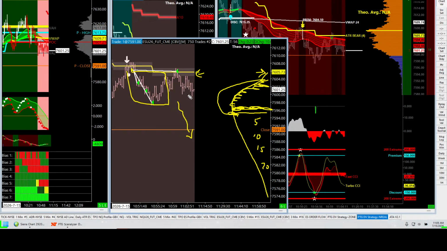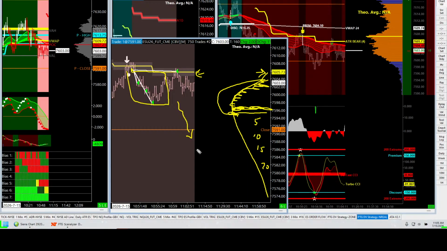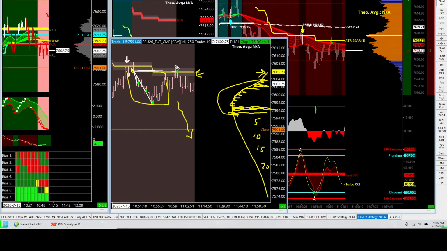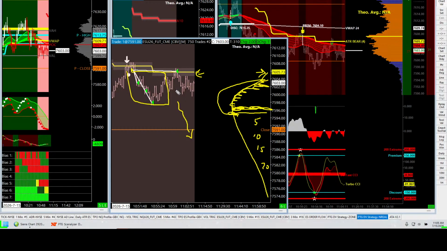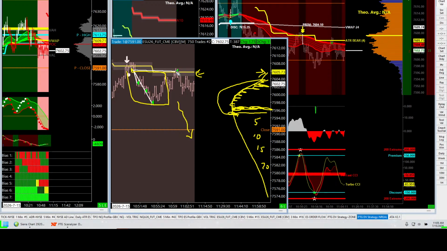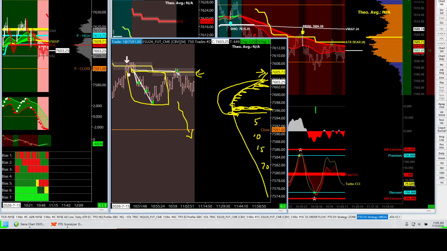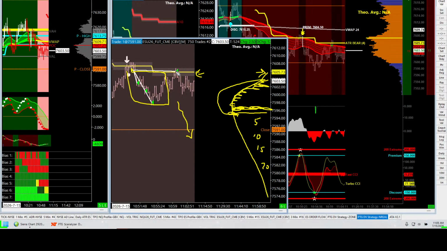So although we love to get a runner, we look to get a runner, the only way to get a runner is to be willing to give up that runner, as we just did on 2 occurrences here, right? Let it get stopped out. But that runner should never become a loser on its own.